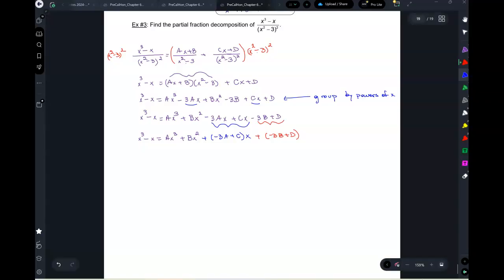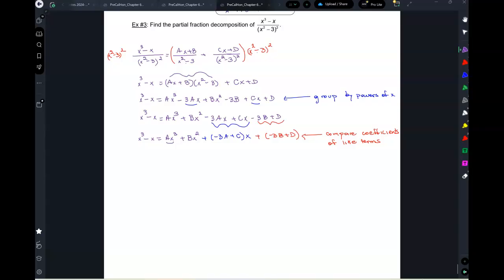Now, here's what we're going to do. We are going to compare the coefficients of like terms. Okay, what do I mean? Here's what I mean. Here, this is my x cubed term.